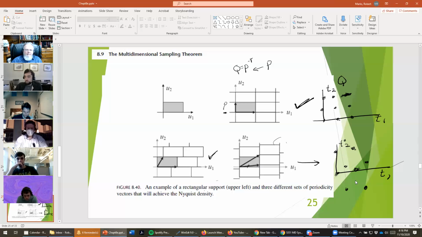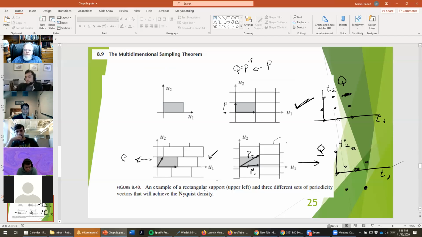You're going to have this sampling matrix. You see, this is going to be a different Q. If you have a different P here, where this is P1 and P2, you're going to have a different Q. In a similar fashion over here, you're going to have yet another Q matrix corresponding to this sampling geometry.